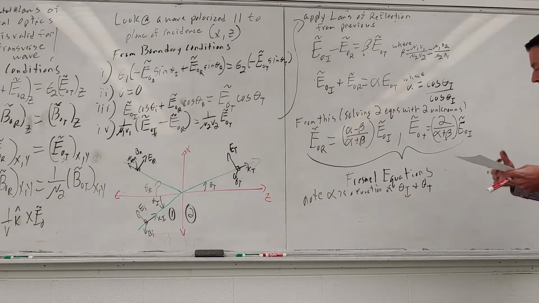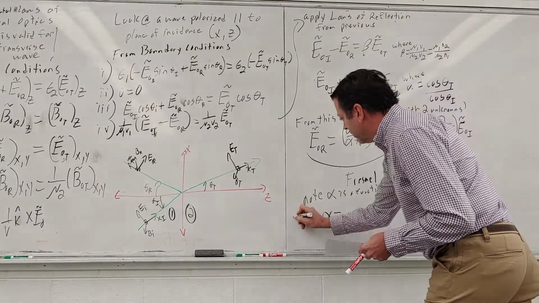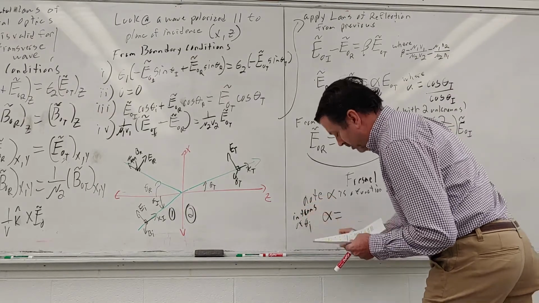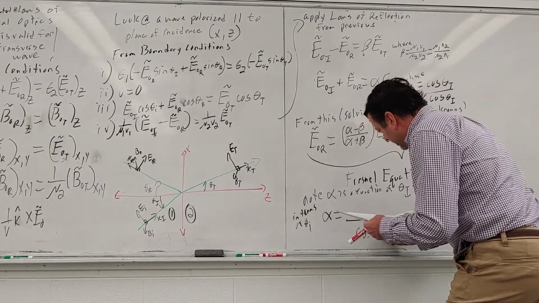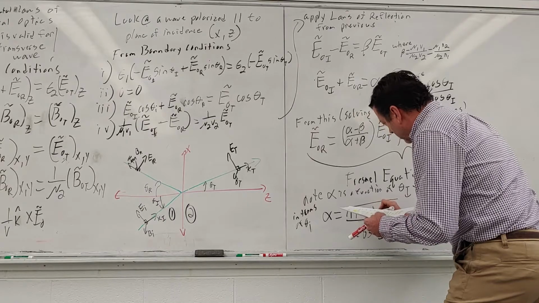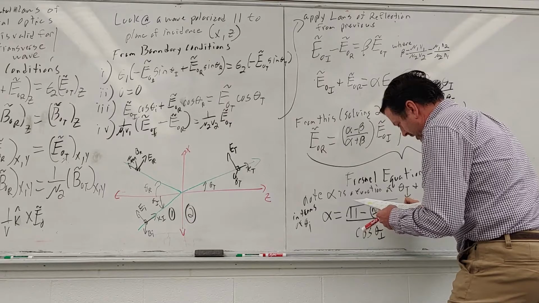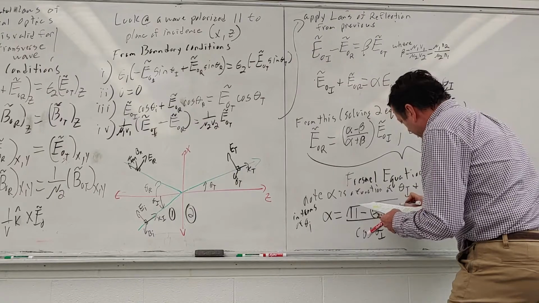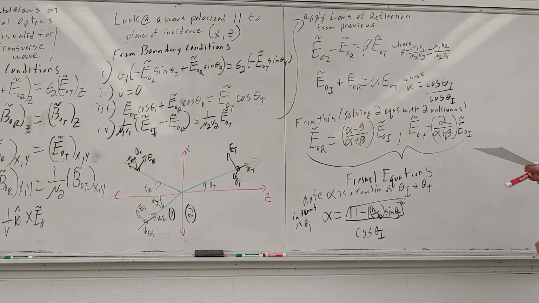And if you want to look at alpha just in terms of the incident angle, you can get that as cosine of theta incident over the square root. I'm not going to go into this. N1, N2, so you think you might know where that comes from. Sine theta 1, theta incident. And take this whole term and square it. If that's squared, you might want to look at Pythagorean theorem for doing it.